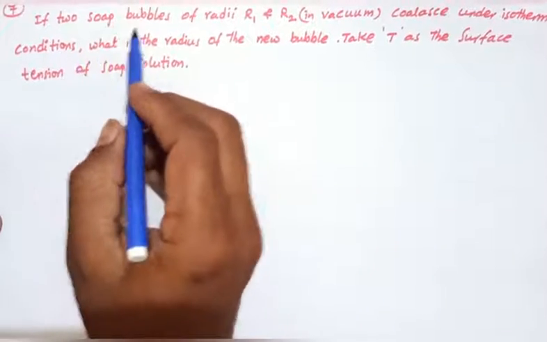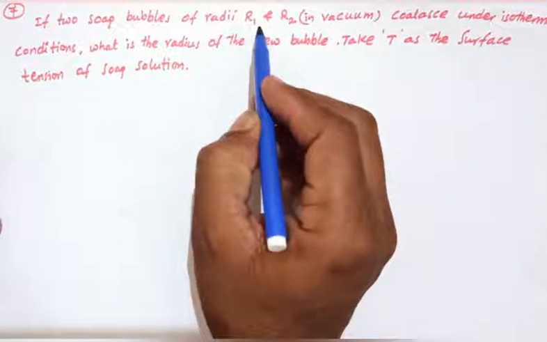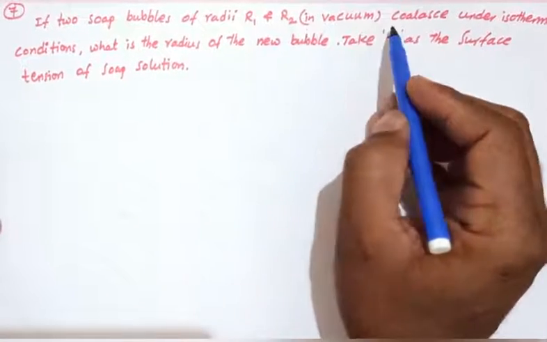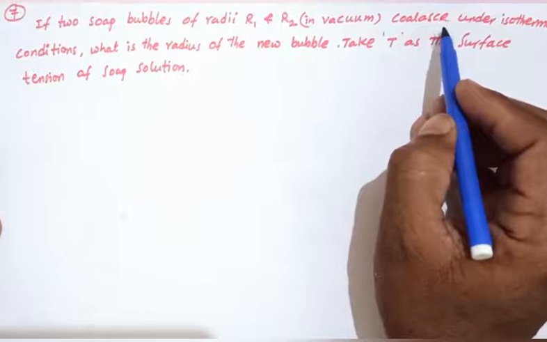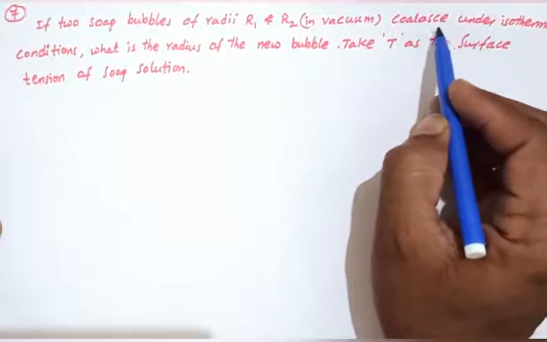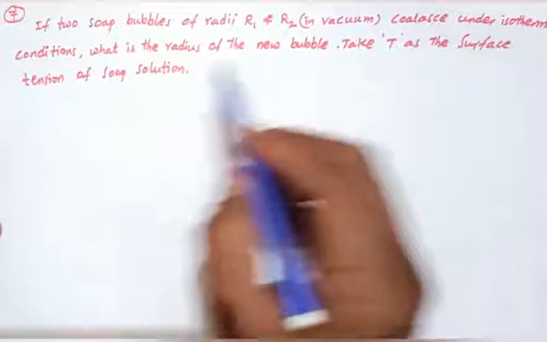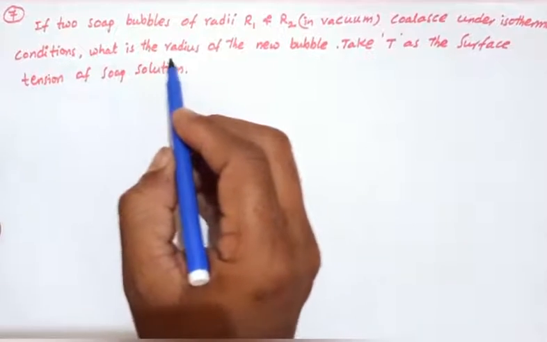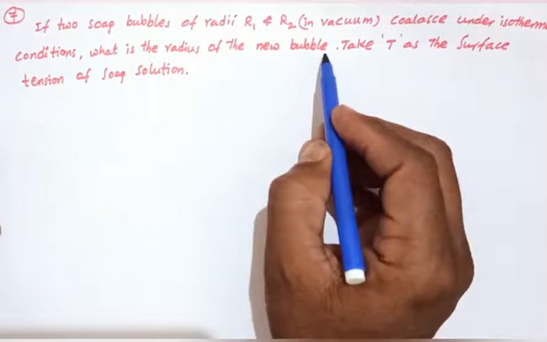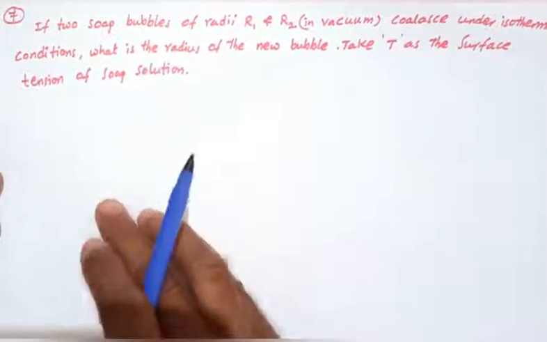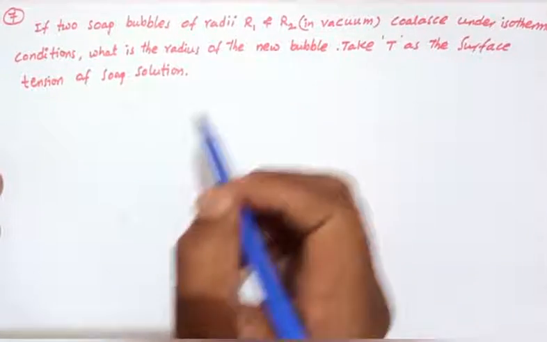If two soap bubbles of radii R1 and R2 in vacuum collapse under isothermal conditions, what is the radius of the new bubble? So consider the two bubbles.